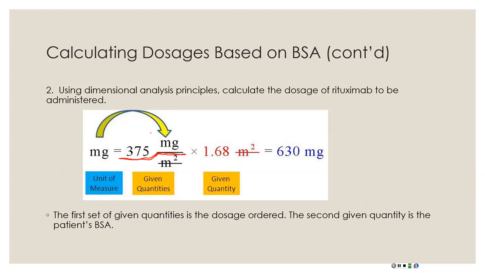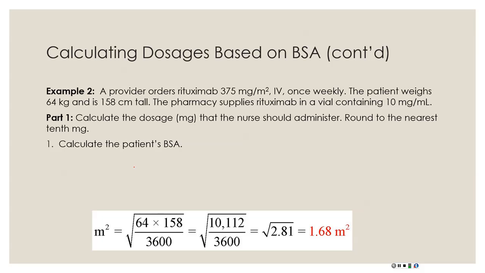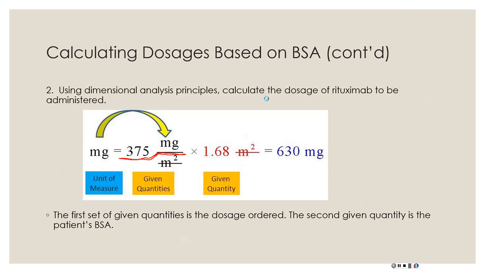Okay, so we know that when we looked at our problem, the provider has ordered 375 milligrams per meter squared. So we have to keep that together, and we have to keep the milligrams with meters squared, and we have to have this 375 right here then.